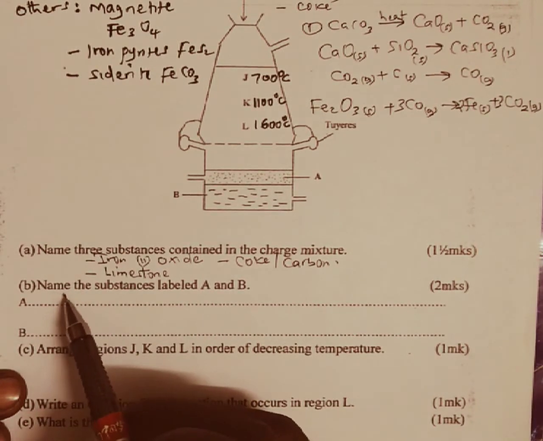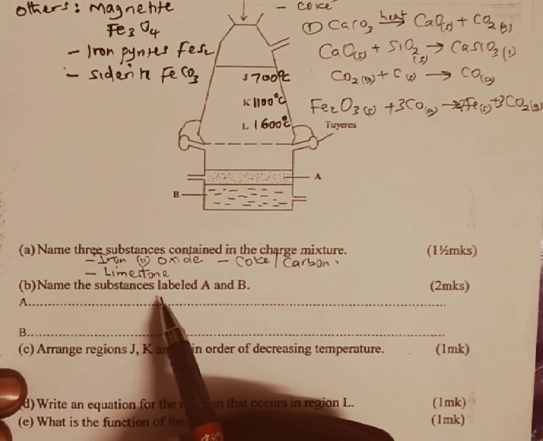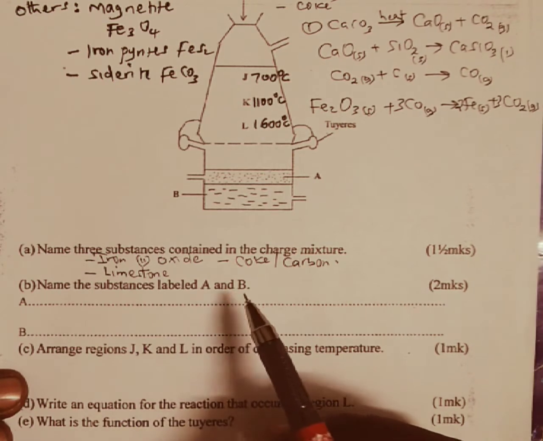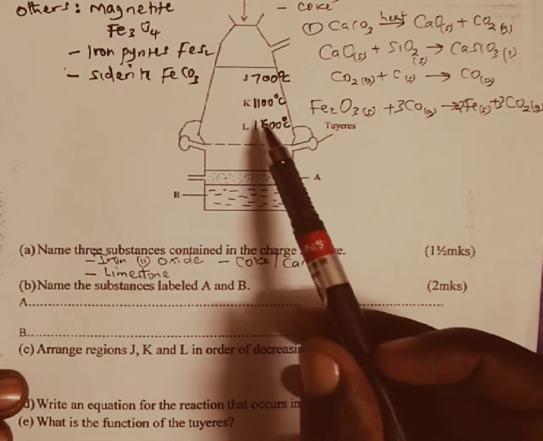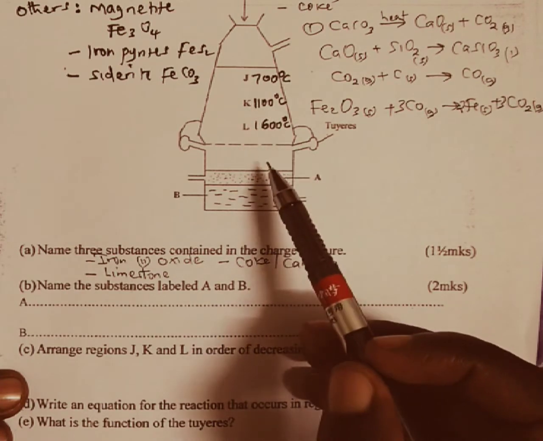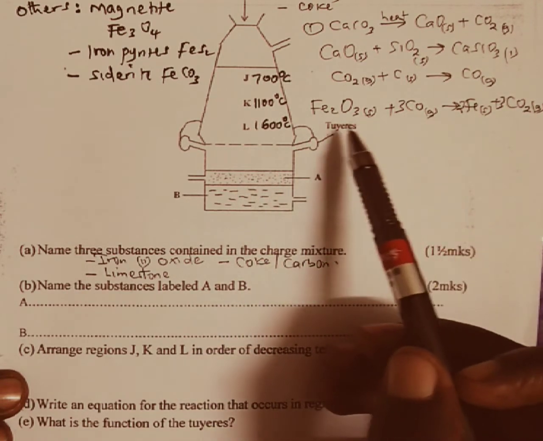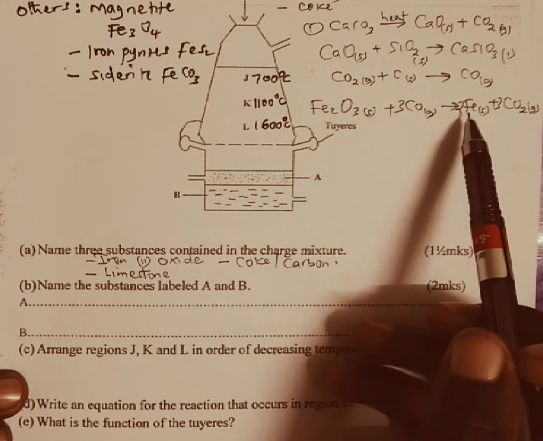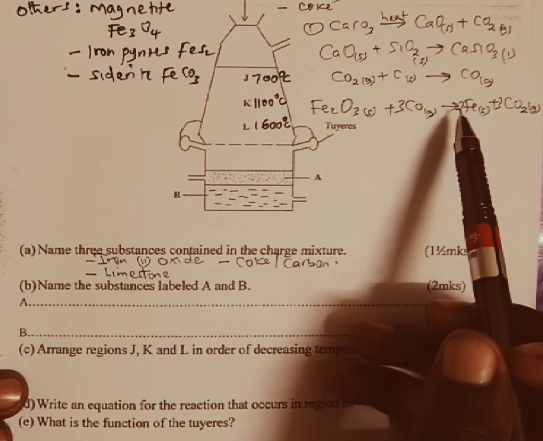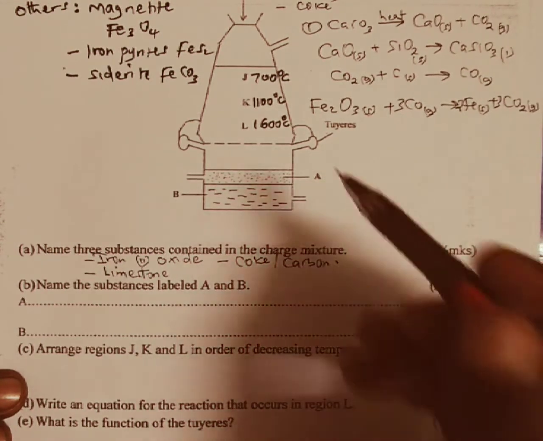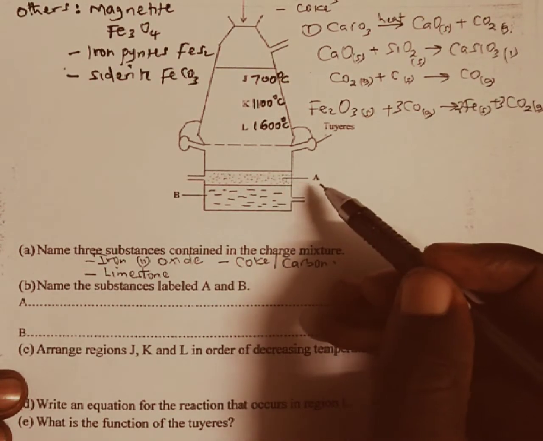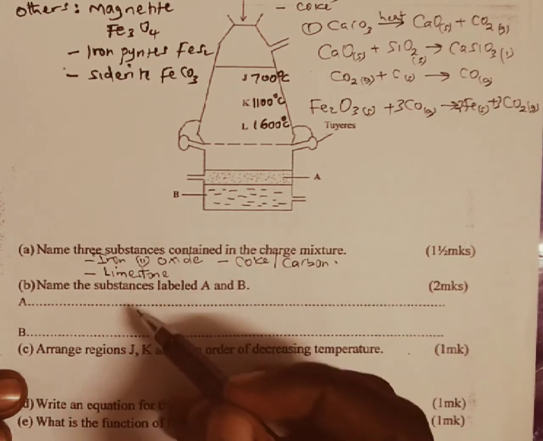Next we have B. Name the substances labeled A and B. Remember, the final products from the extraction of iron will be slag and iron, which is in molten form. But remember, slag is less dense than molten iron, hence floats on the surface of the molten iron.